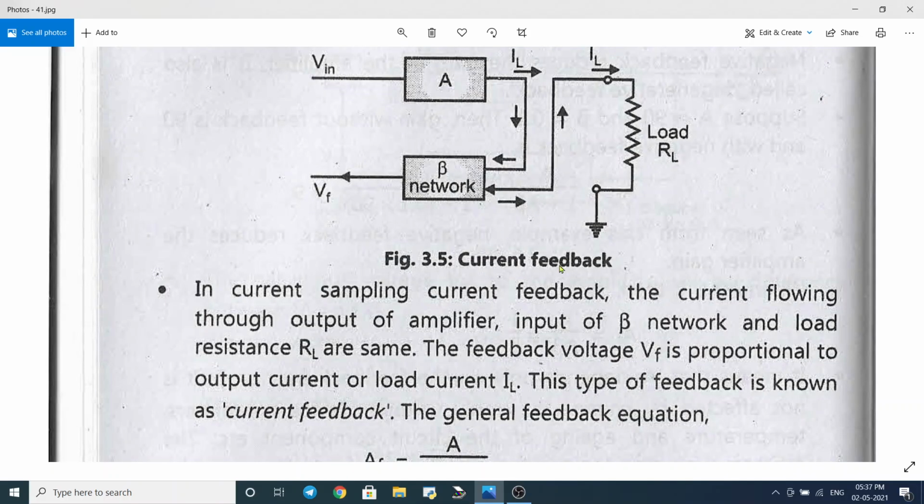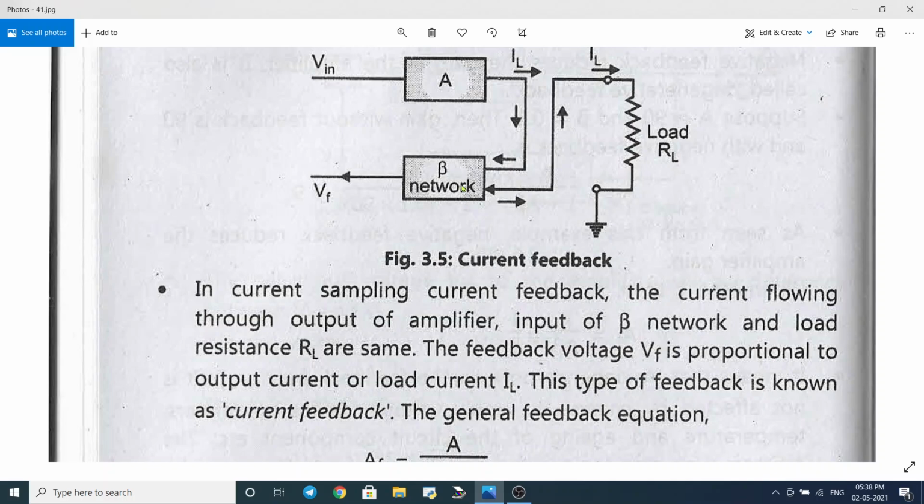So this is current feedback. The input voltage is given to the amplifier, and the amplifier output current, that is the load current, is given to the feedback network first, and from the feedback network the same current flows through the load.